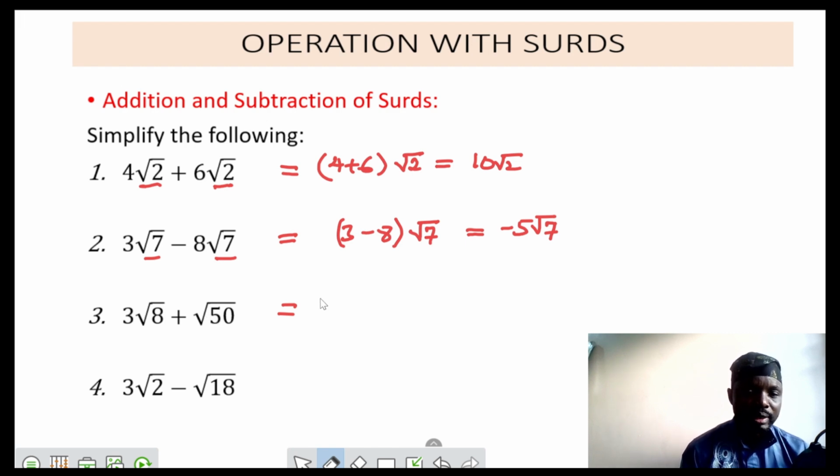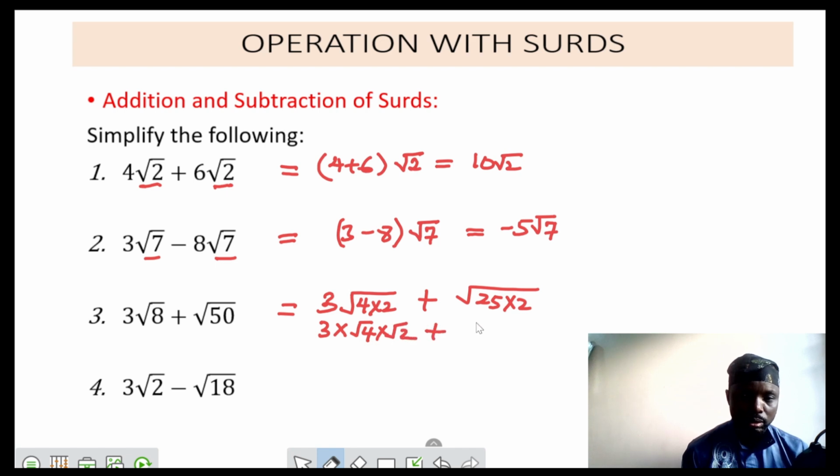So for this one, our knowledge of simplification will come in. That's 3 times root 8, and 8 can be split into 4 times 2. Then plus root 50, and 50 can be split into 25 times 2. Now with this one, we have 3 times root 4 times root 2, plus root 25 times root 2.